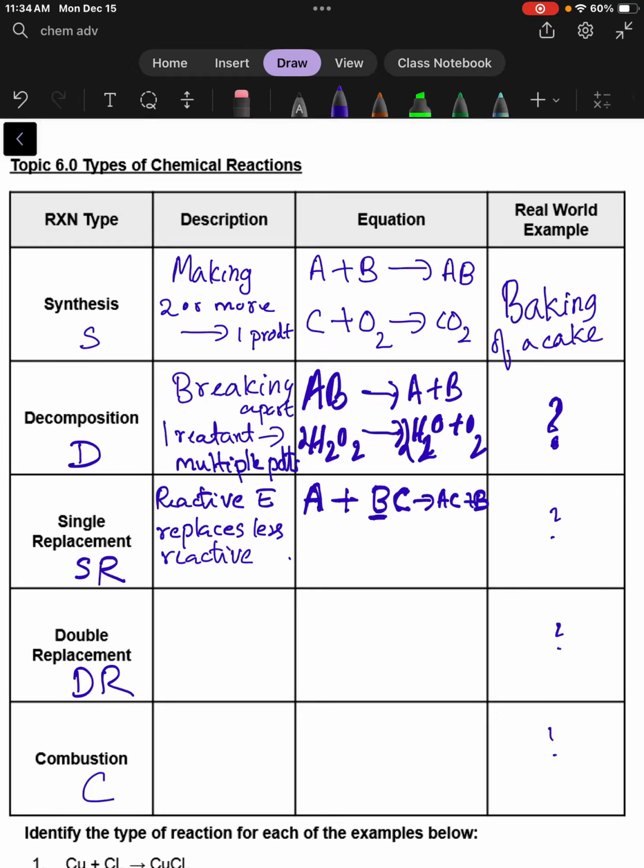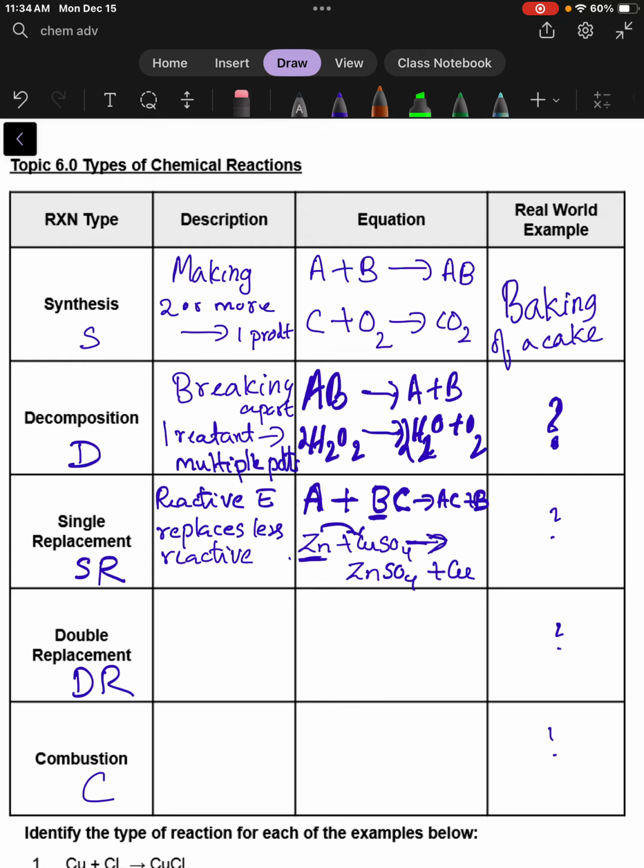Example, if you are adding zinc into copper sulfate, zinc is more reactive, and you will get a formula sheet to decide which is more reactive or not. So zinc will replace copper and form zinc sulfate, and copper is out.